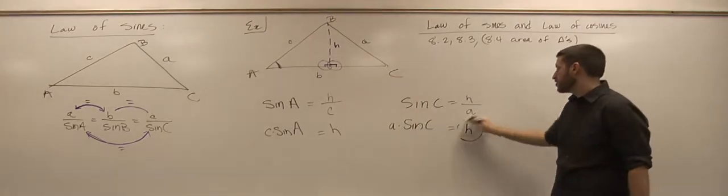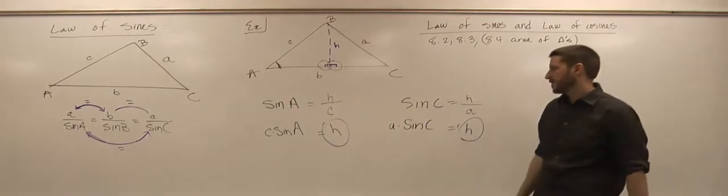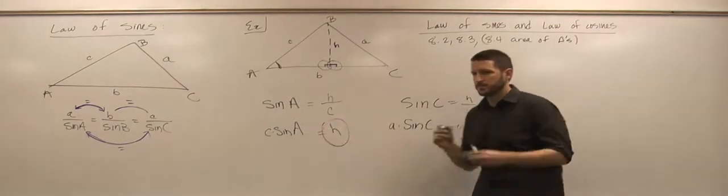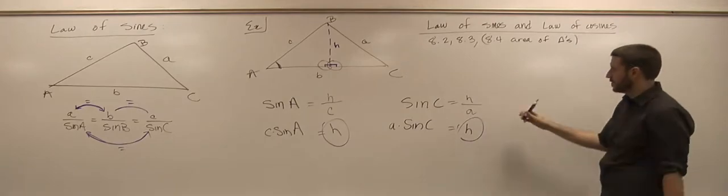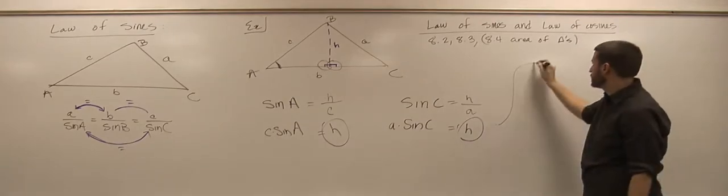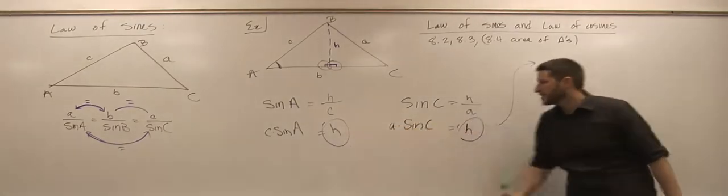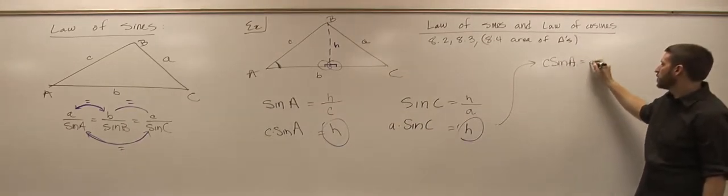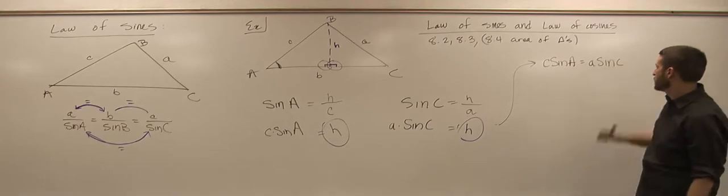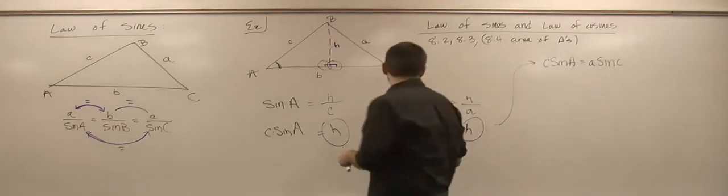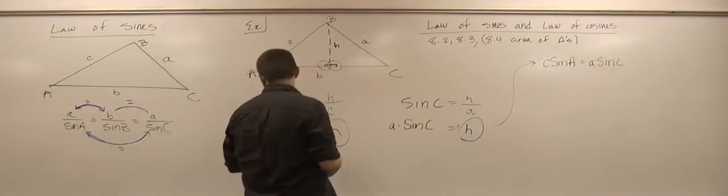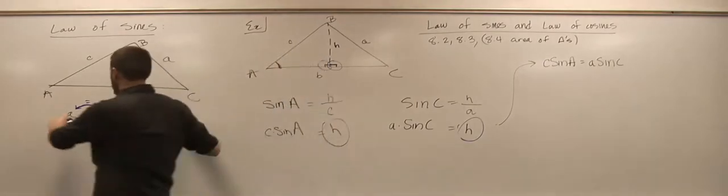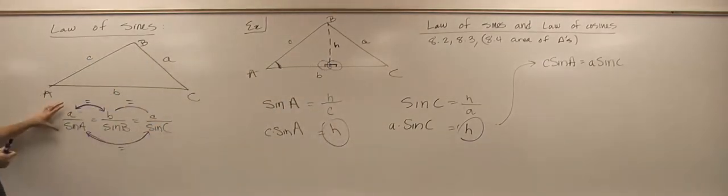But if this is H and this is H, then these have to be equal. So this implies that C sine A has to equal A sine C. This is a more convenient format because it's easier to remember, right?